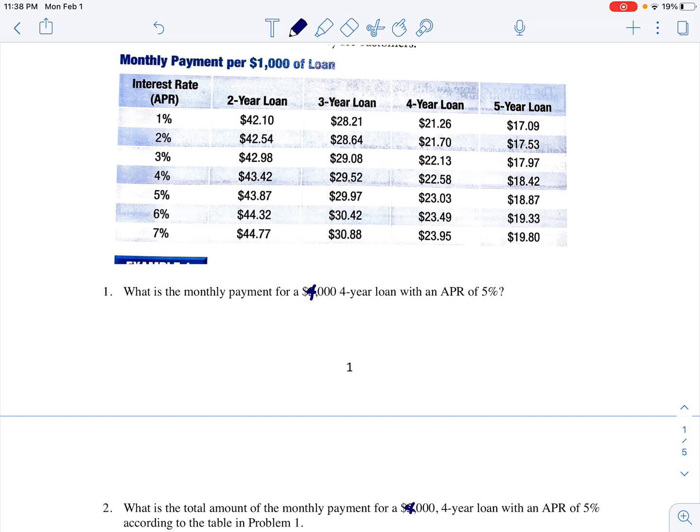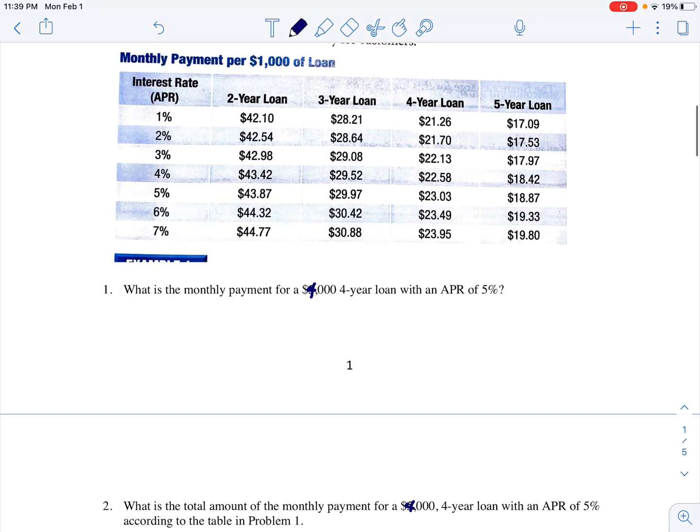So we're looking at a 4-year loan at 5%. Okay, 4-year loan at 5%. Okay. I'm sorry, this is correct. This is 5,000. Okay, sorry about that. It's actually 5,000.